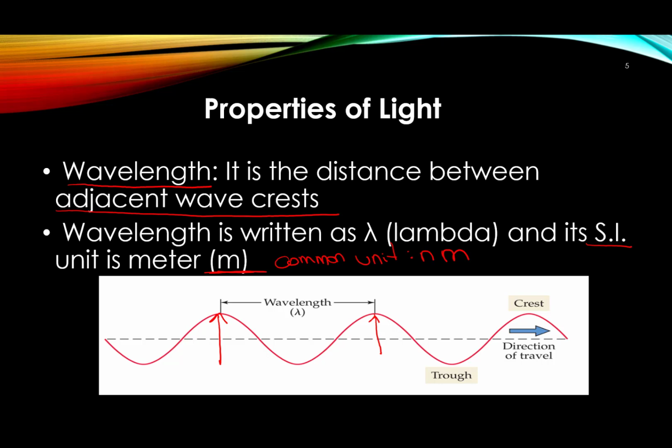Meter. The way that we show wavelength is in the form of lambda, as you could see here. It's like an upside down V with a tail on it. That's lambda, which stands for wavelength, and the SI unit for wavelength is meter, but the common unit is nanometer because they're so small.